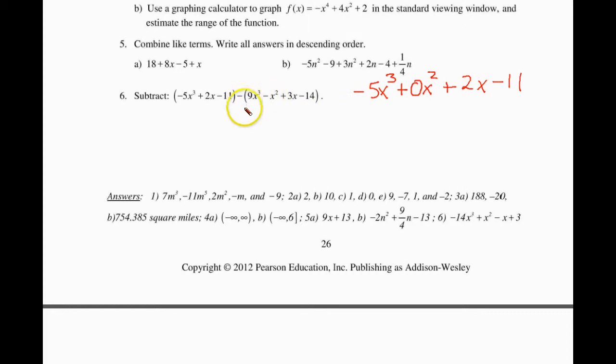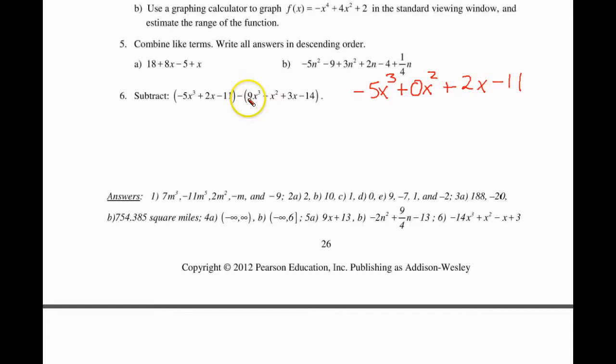So now here's another critical part. You must do this when you have a negative sign. This is subtraction. What do you do to all of these things inside the parenthesis that follows a negative? Well, the answer is you change all of these signs.